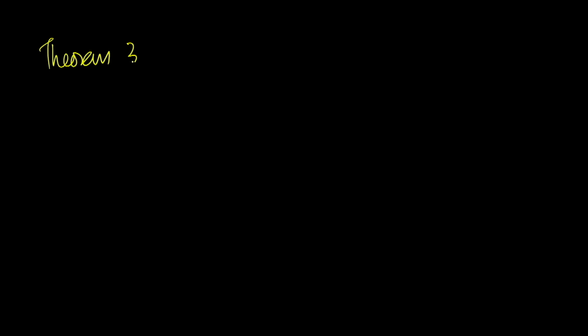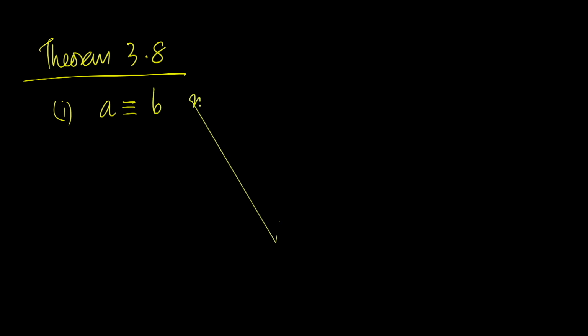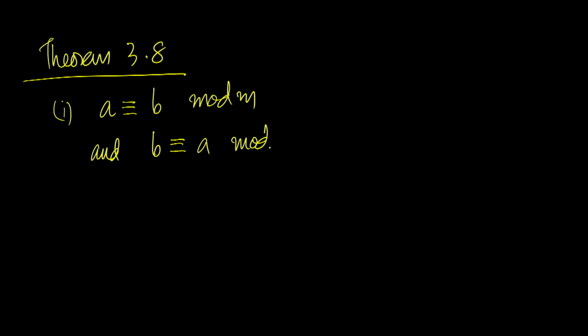Let us see a theorem related to congruences. This theorem shows several properties of congruences. The first property says that a ≡ b mod m, b ≡ a mod m, and a − b ≡ 0 mod m are all equivalent statements.